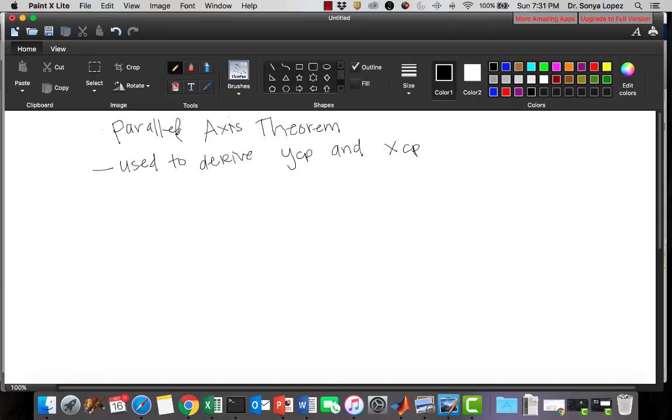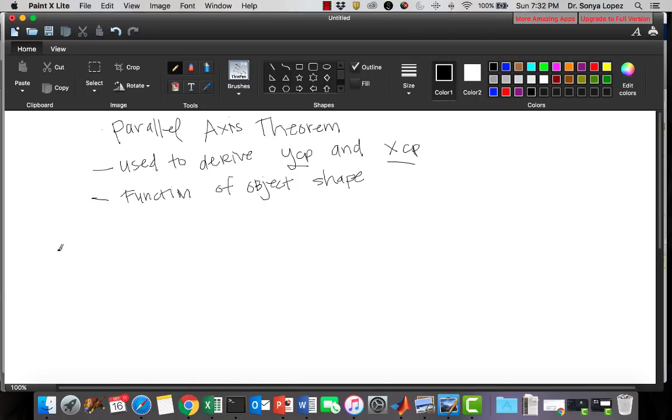Now, the parallel axis theorem is essentially a function of your object shape. We're going to need to know the type of object we're using, that is submerged, in order to calculate your YCP and your XCP.